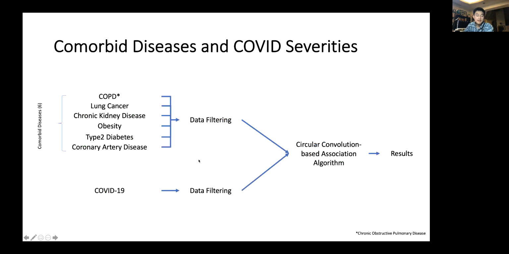Now that we have filtered these SNPs, this slide essentially shows the general structure of my project. I downloaded 6 comorbid disease GWAS study data.